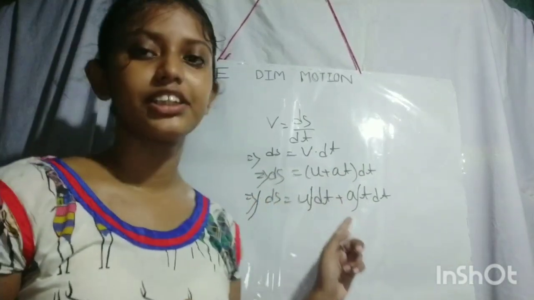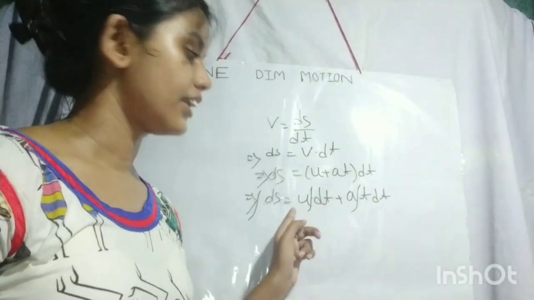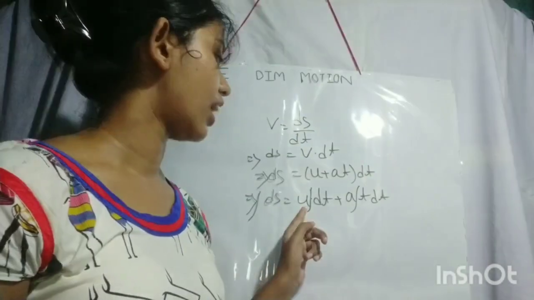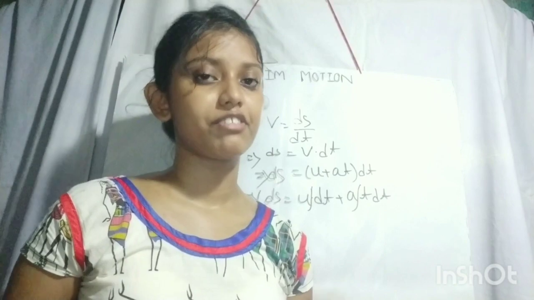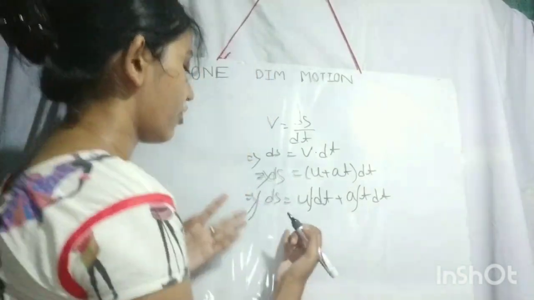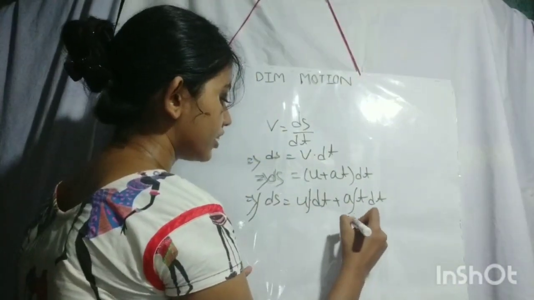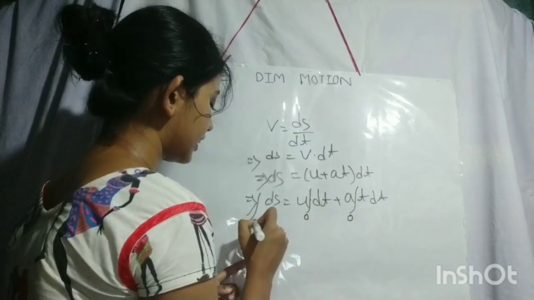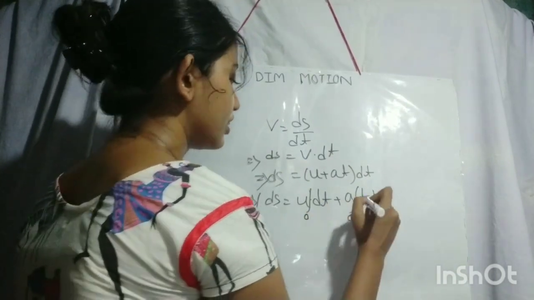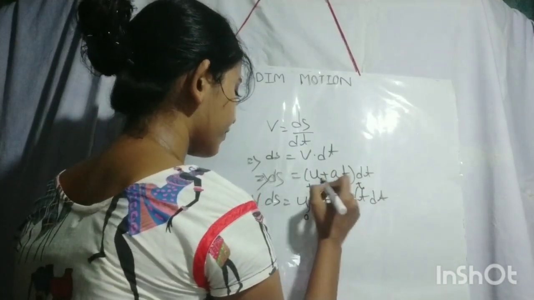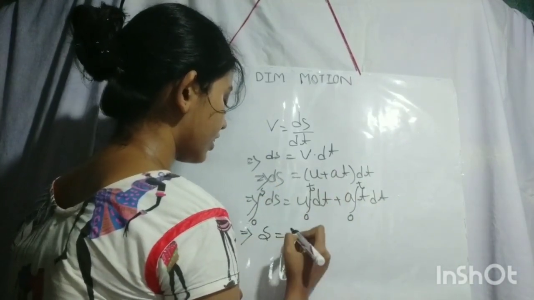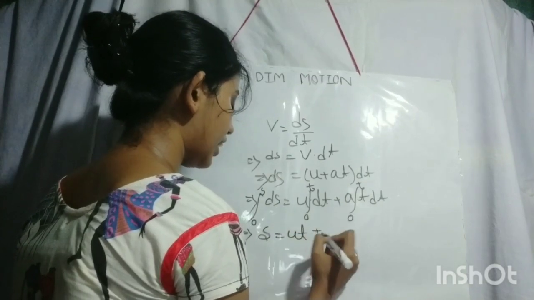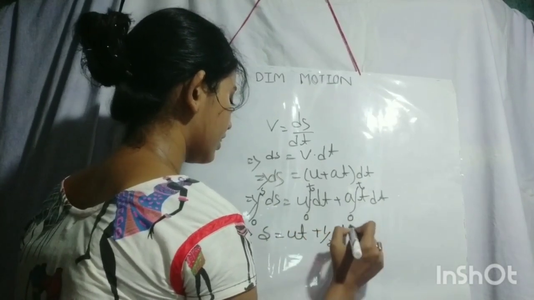Now the acceleration is not dependent upon the time, and u is always a constant, because u is the first velocity, or previous velocity, the primary velocity. So u is obviously constant. At t equals 0 the displacement was 0, and at t equals t the displacement is s. So s equals ut plus half a t square.